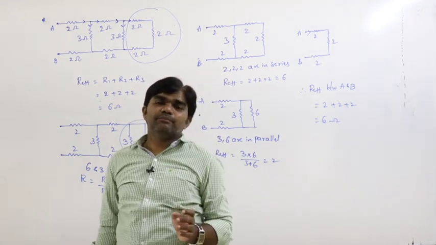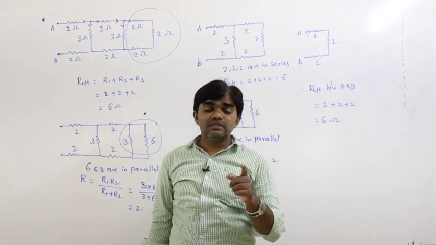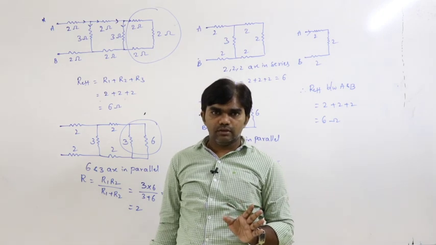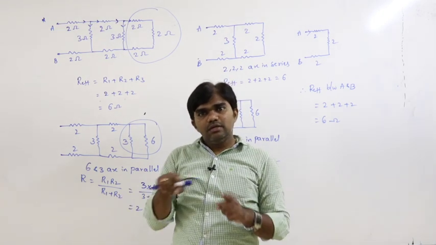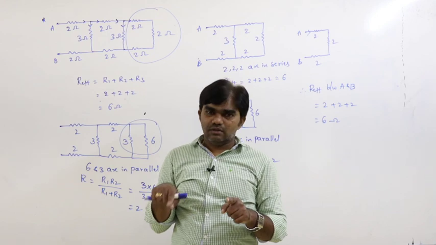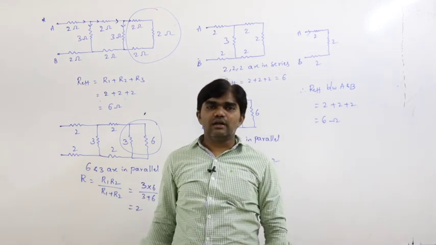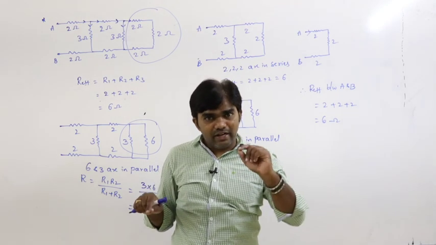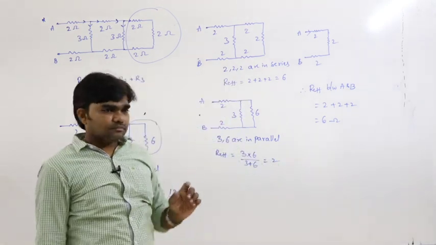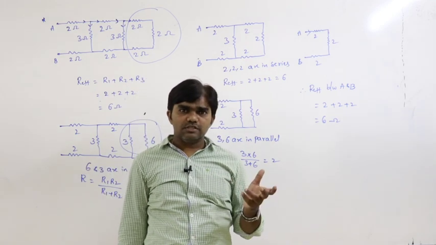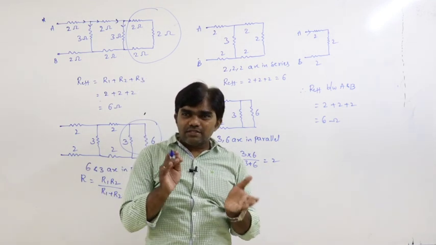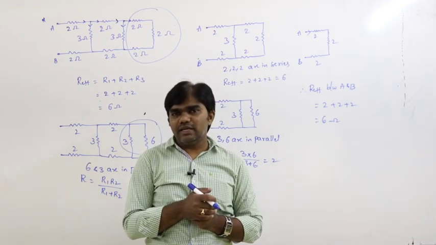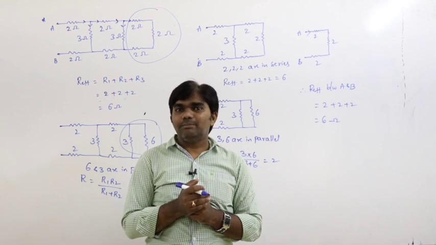That is a very important thing: where the current divides, that is a parallel combination. Very important. If the same current passes through the resistances, all those are in series. If the current does not divide, series combination. If the current divides, parallel combination. In case of potentials, if the same amount of potential exists, those two are in parallel.